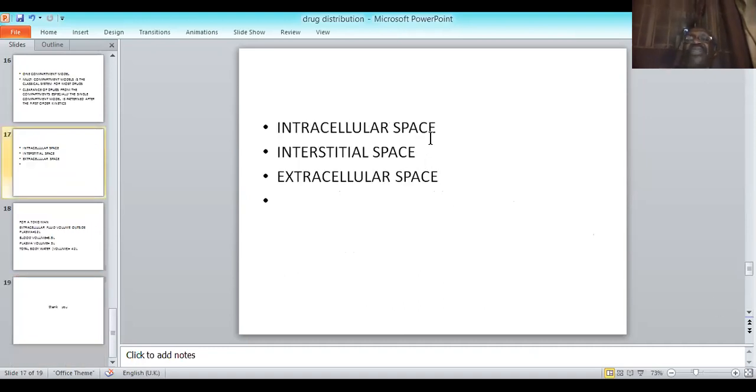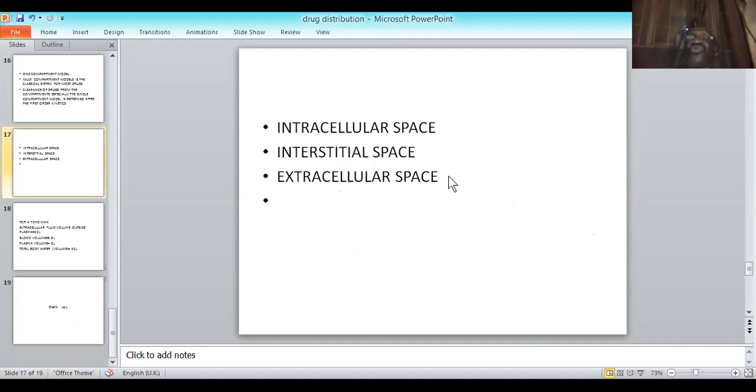Now, these are places where drugs can partition into and linger there, so that you can have more drug there, you can have less drug.